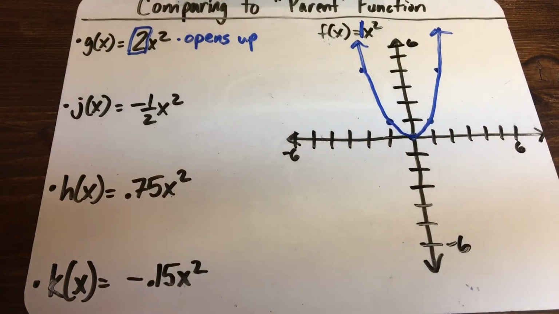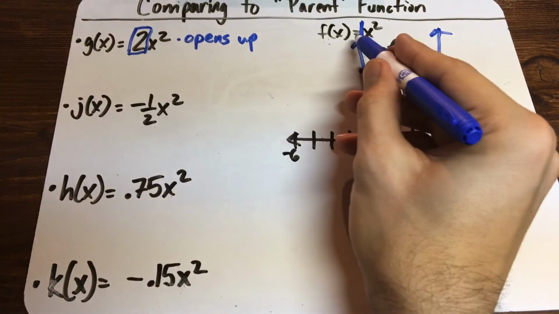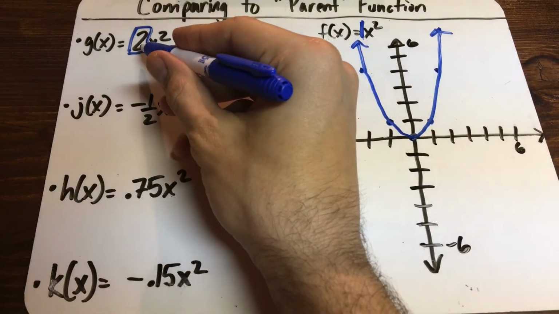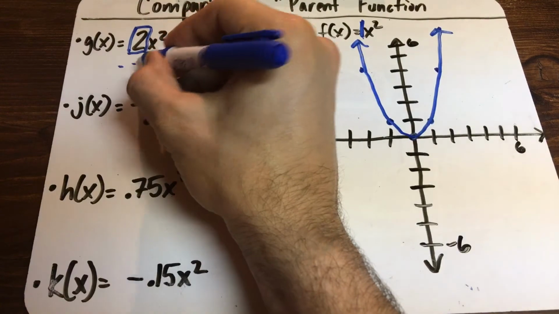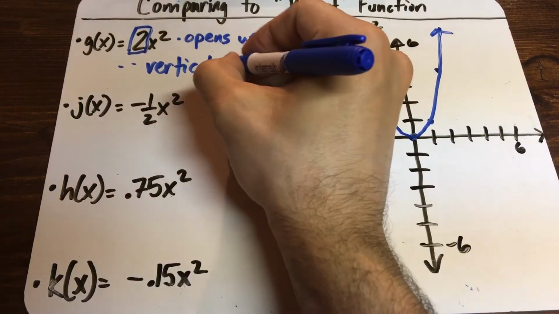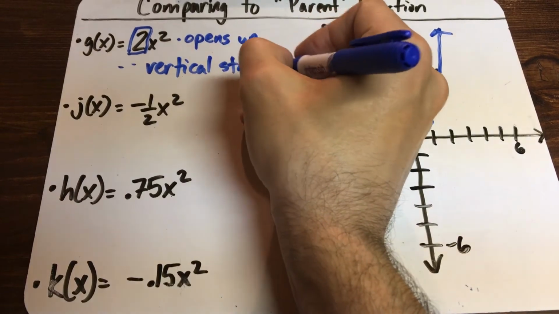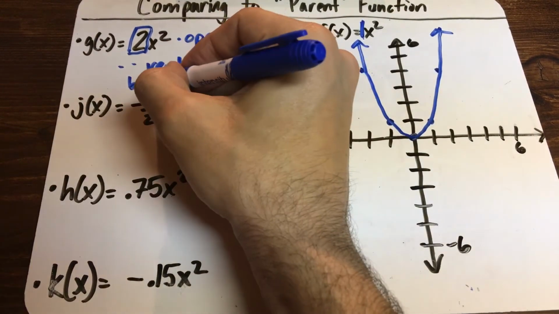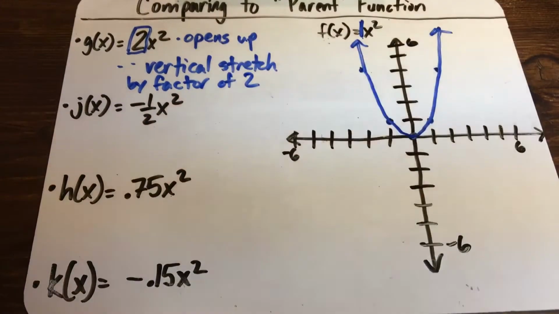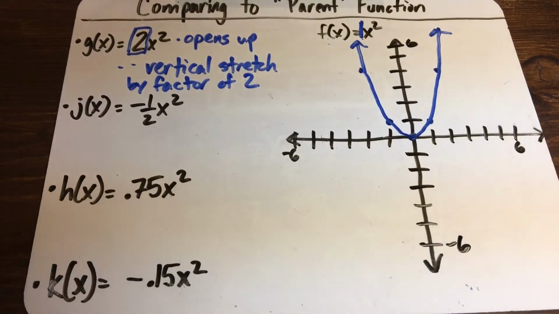Since this is 2, it's bigger than the original, right? The original A is 1. If this A is bigger than that, I know it's going to be a vertical stretch. And if I want to be specific, I will say by a factor of 2. It's going to be twice as narrow as the original one.